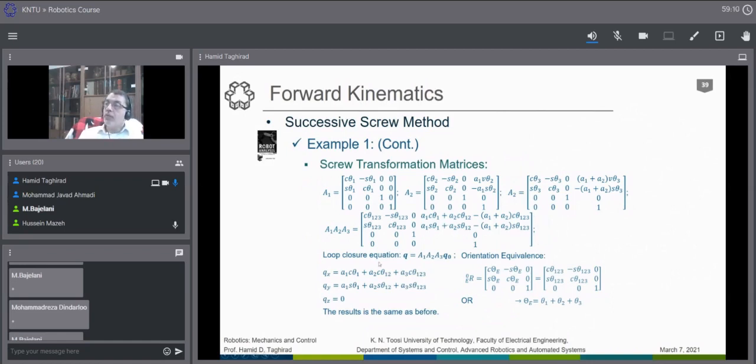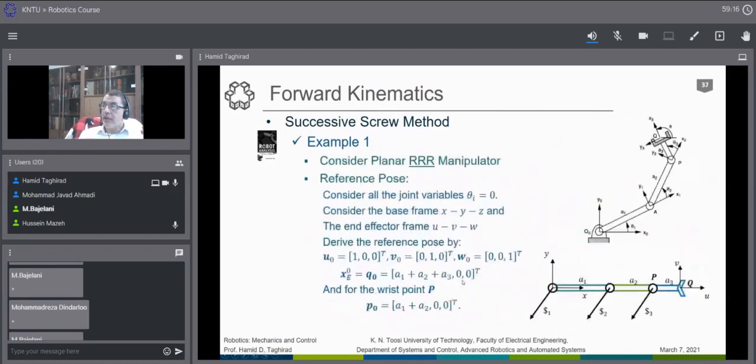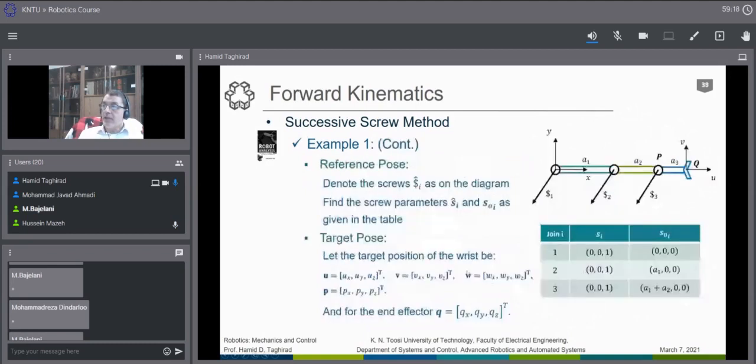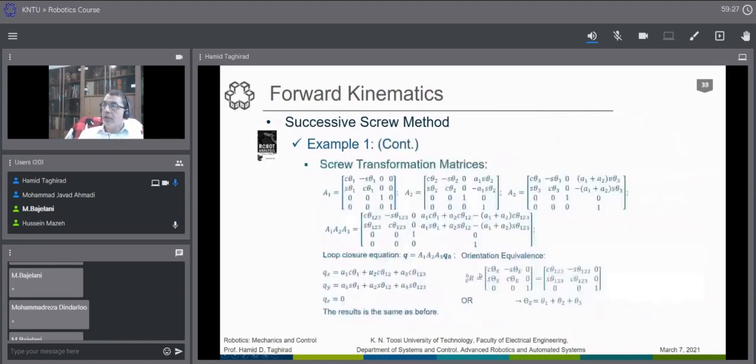Now we multiply this by Q0. If we consider that Q0 has only the X component, we have only QX, and no QY, no QZ. If we put it here, we have C theta 1, 2, 3 multiplied by QX.